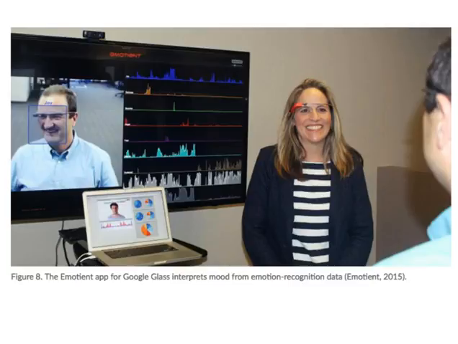Last, what do our emotions and how is this nonverbal language being read? And how are devices being devised to read that nonverbal emotion?